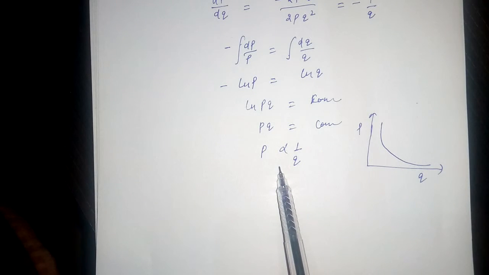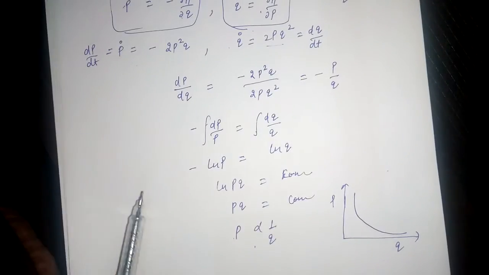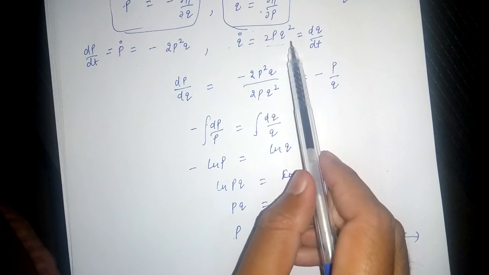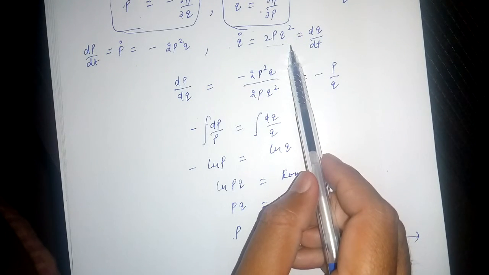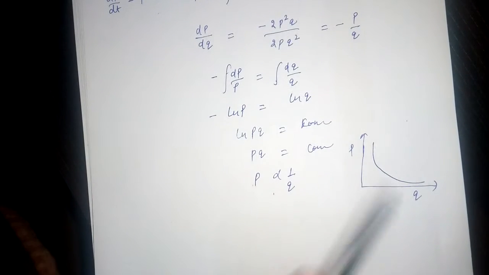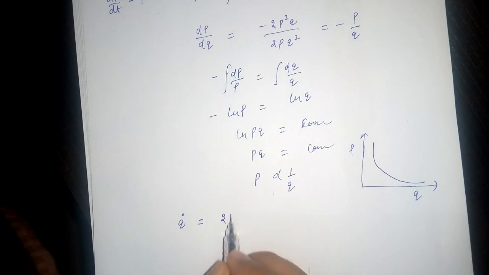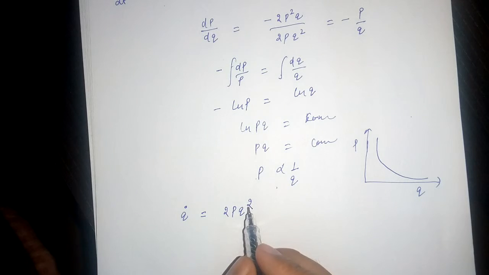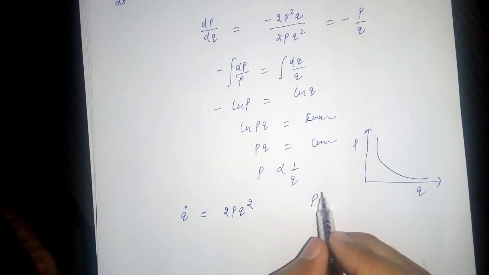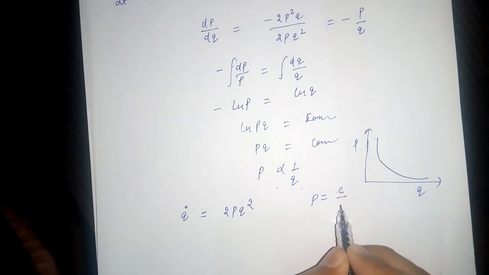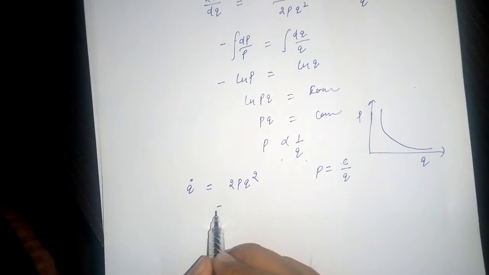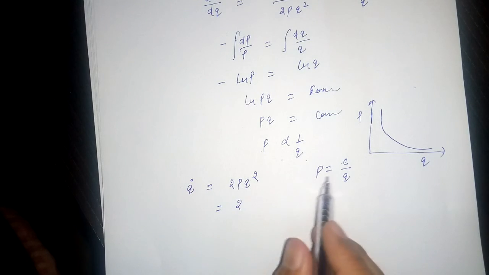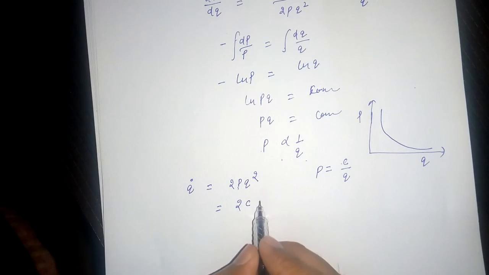Also, we can find the individual P or Q from these two equations in terms of time. How can we find it? Let's say Q dot equals, we know that we derived it, P Q square. And we know that P is inversely proportional to Q. Let's say c is our constant, then put here the value of P, c by Q, then cQ.